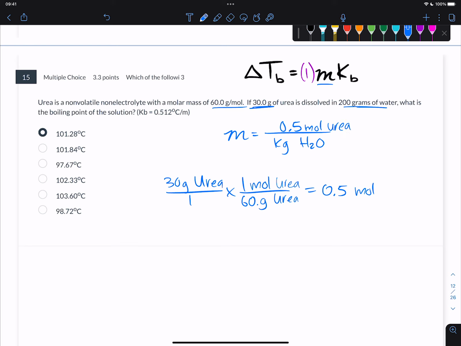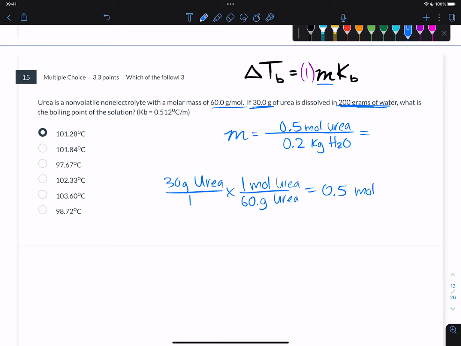To find the kilograms of water, it says it's dissolved in 200 grams of water, which is 0.2 kilograms of it. If you want to see how it works, just take 200 grams, divide that by 1,000, and you get 0.2 kilograms of H2O.